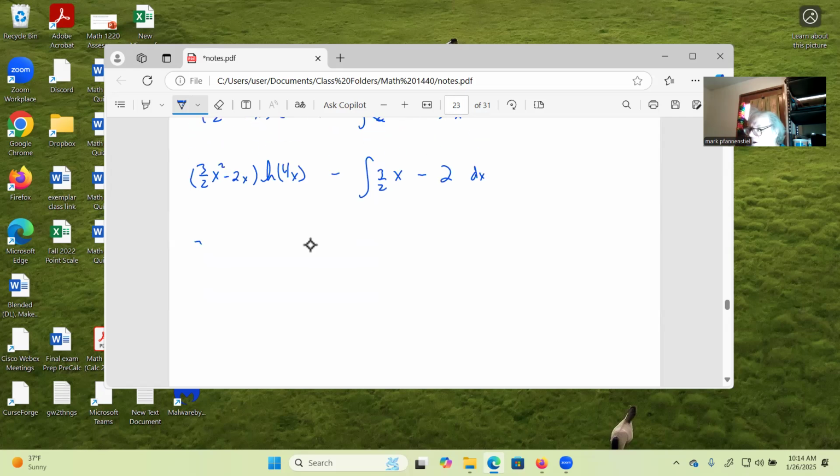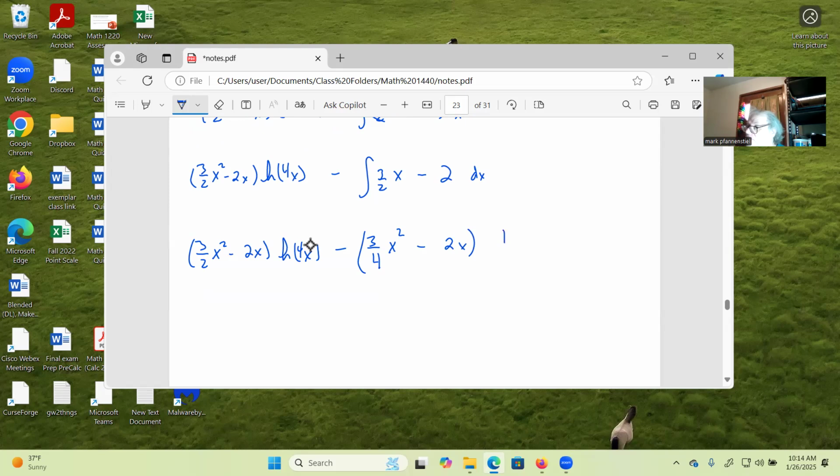Okay, so we still have our 3 halves x squared minus our 2x, parentheses, natural log 4x, minus. Now it's time to integrate this piece here. So this is going to be 3 over 2 times 2, which is 3/4 x squared. It would be x squared over 2, but I've taken into account the 2 over here. Minus 2x, but let's put parentheses here because that minus is going to turn into a plus. Be careful.